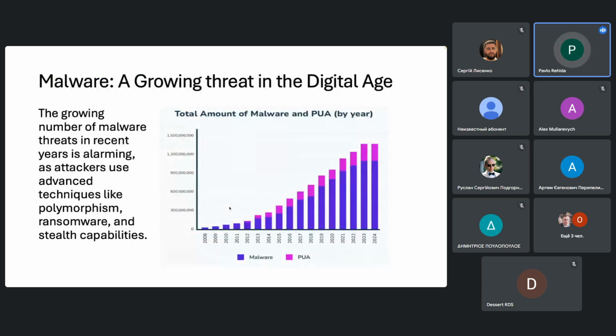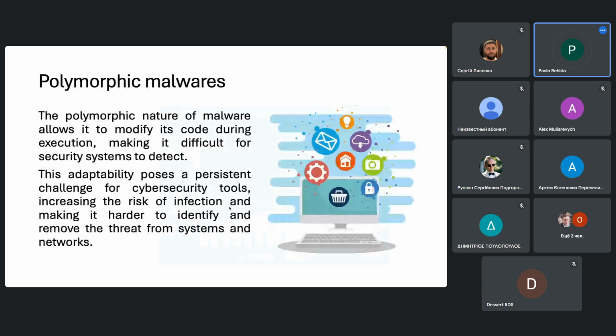The growing number of malware threats in recent years is alarming, as attackers increasingly use advanced masking and evasion techniques. These methods make malware harder to detect and remove, putting both individuals and organizations at greater risk of security breaches.